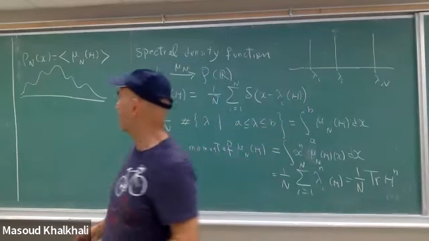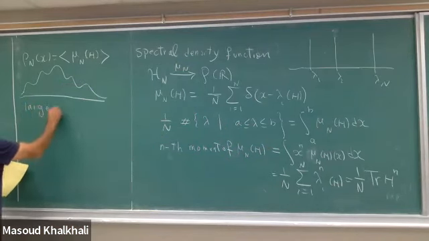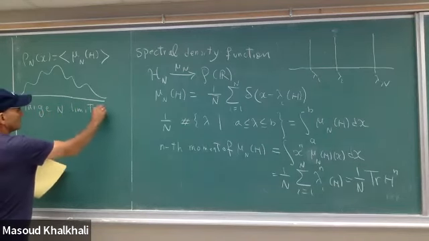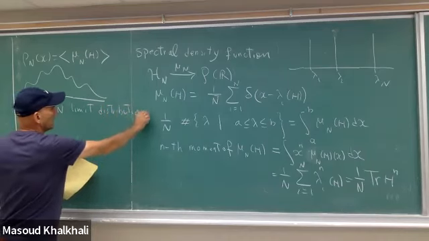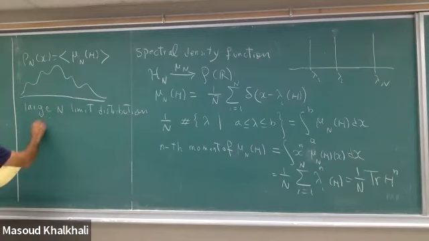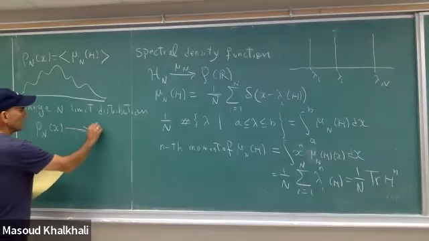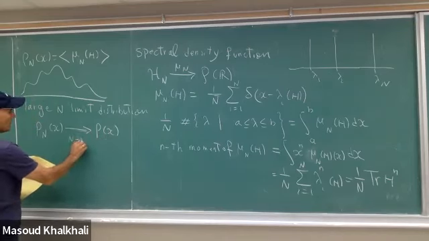The problem of the large N limit distribution, or spectral distribution, whatever, is the following. We just say that this rho_N(x) converges to some probability measure rho(x) on the line as N goes to infinity.